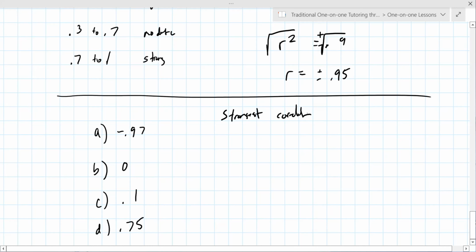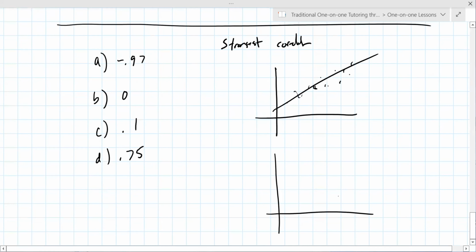Sometimes they ask you questions like, can the correlation ever be greater than 1? No. A lot of times they give you graphs and ask, is this positive or negative correlation? Well, it's obviously positive. But where it's harder is when it's sort of all over the place. I don't know if they cover this, but when it's this bad, usually you just use y bar as your regression line.